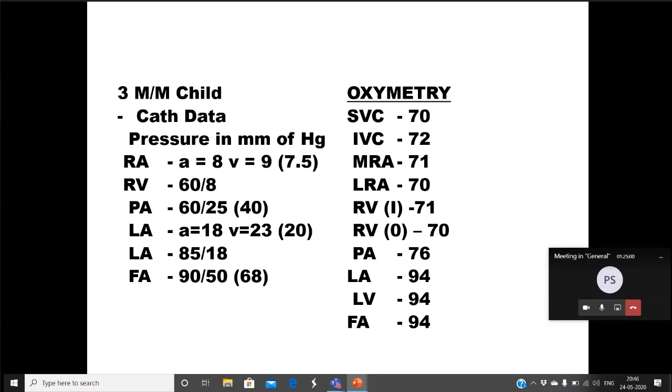So when you look at the data, you should analyze thoroughly. I agree with you that there is a desaturation in the left atrium, LV and femoral artery, but that cannot be explained by a right-left shunt. It may be because of the lack of oxygenation in the lung, maybe due to lung infection, or it may be due to pulmonary congestion. Whatever may be the reason, the desaturation is occurring at the pulmonary parenchymal level.